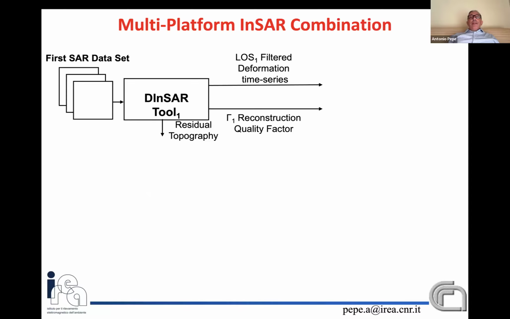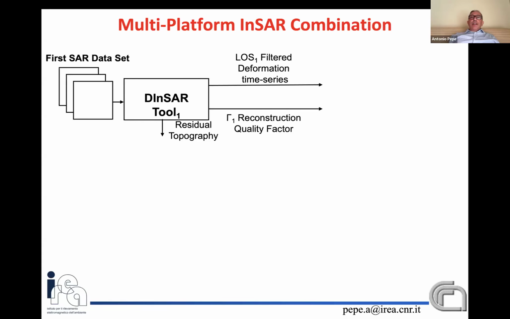So the idea, already developed more than 10 years ago, was to apply SBAS, but even also another kind of method, maybe PSI, or another kind of method that allows us to obtain the deformation time series, not only to one InSAR set, but to several datasets.